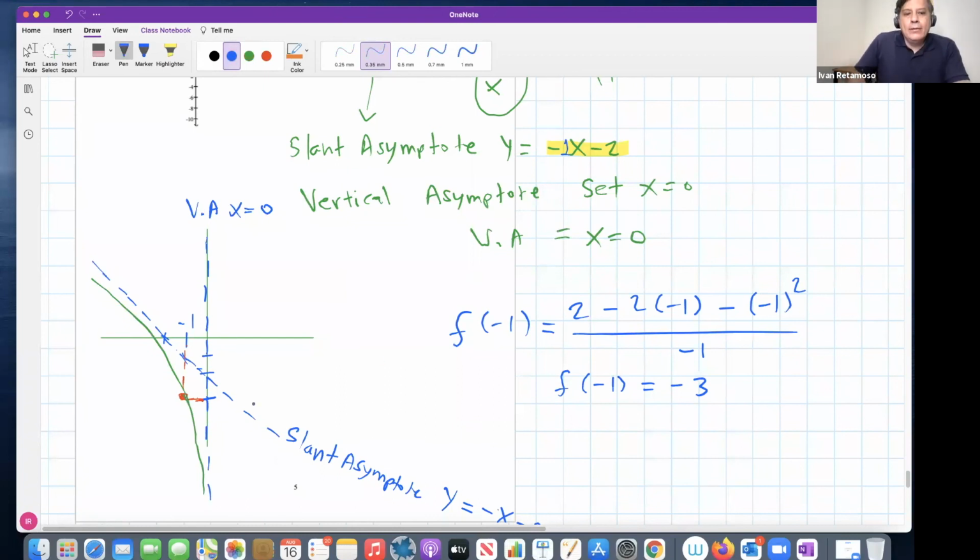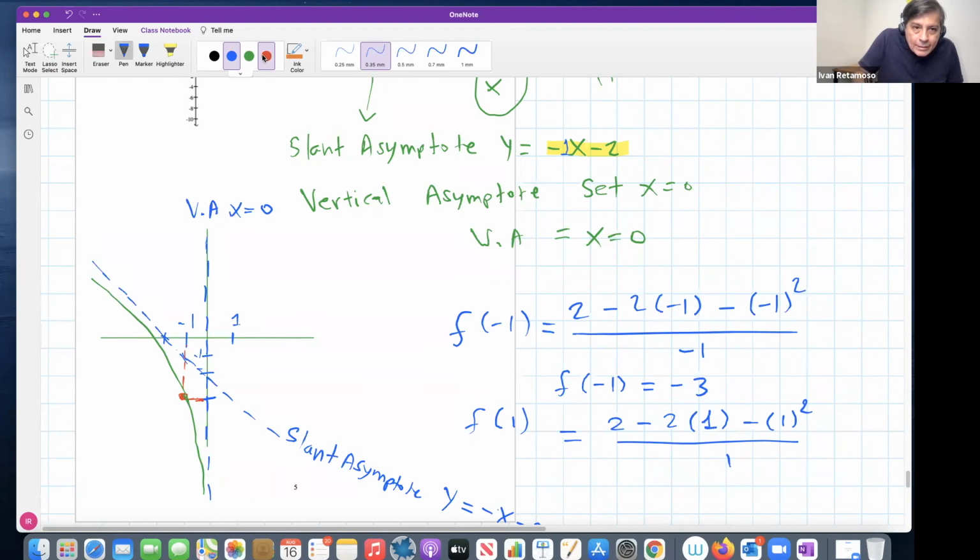And over here, I can take as a test point 1. What is f evaluated at 1? 2 minus 2 times 1 minus 1 squared over 1. 2 minus 2, 0, minus 1 is just minus 1, right? So minus 1 is here.